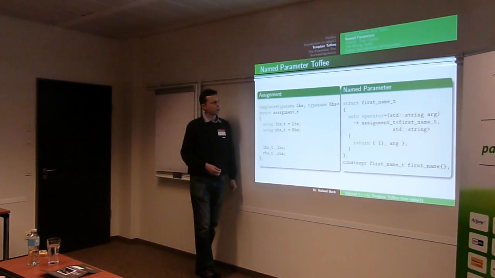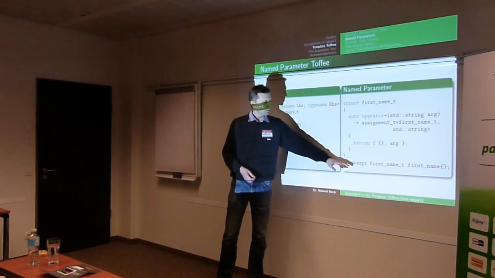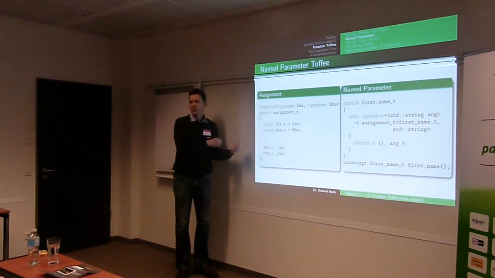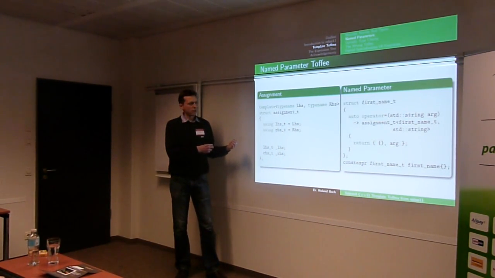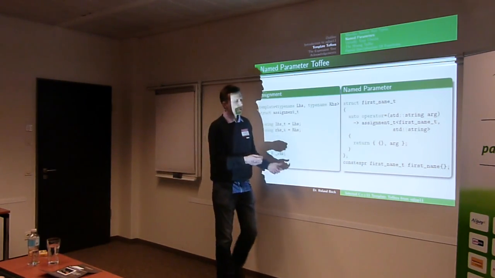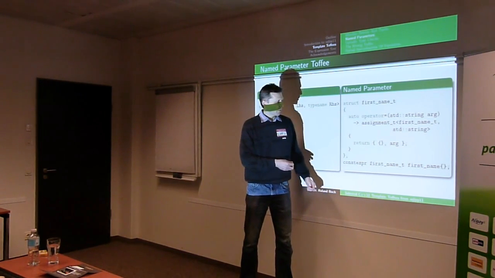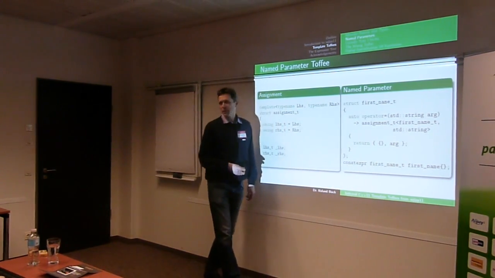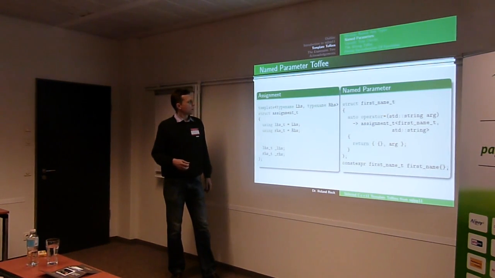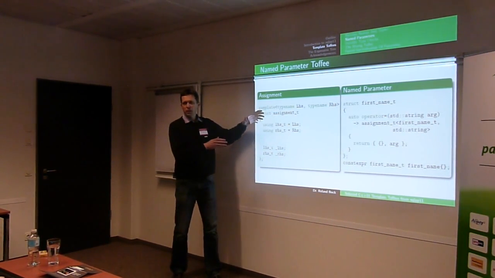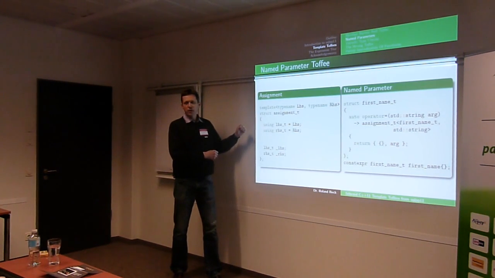And the only thing that you have to take care of is to handle these arguments, of course, because you have to interpret what they are giving you and make sure that they don't give you a first name twice maybe, or give you a middle name where you don't expect it, or something like that. Okay, and we're getting to how you actually can use these in your programs. Okay.